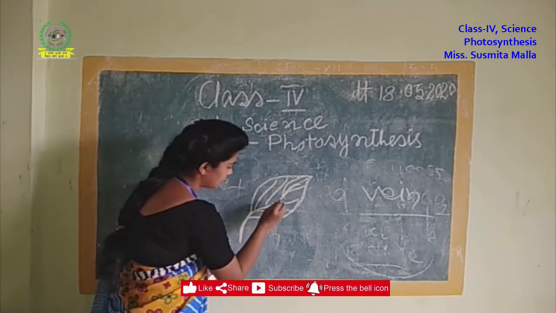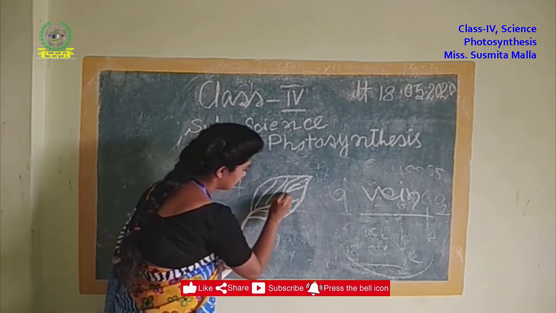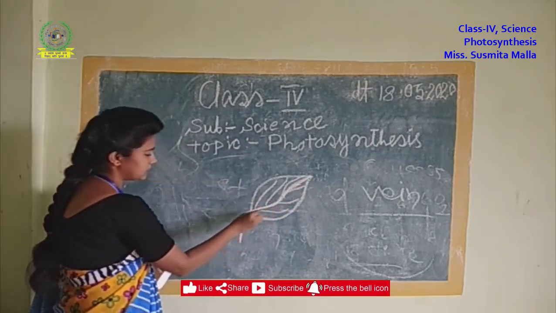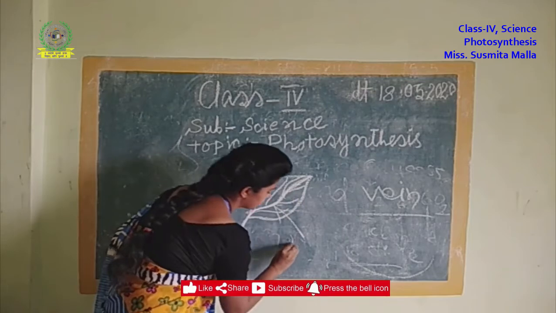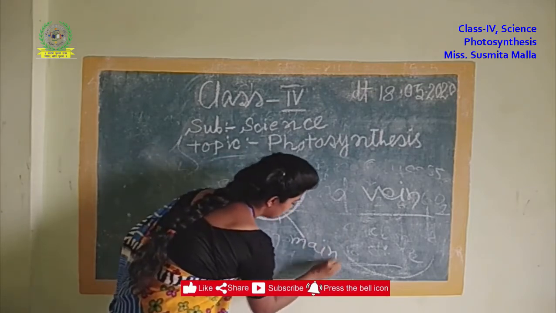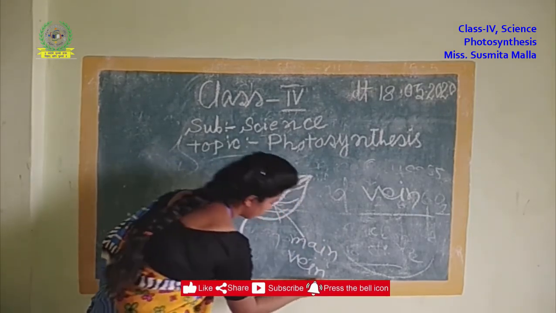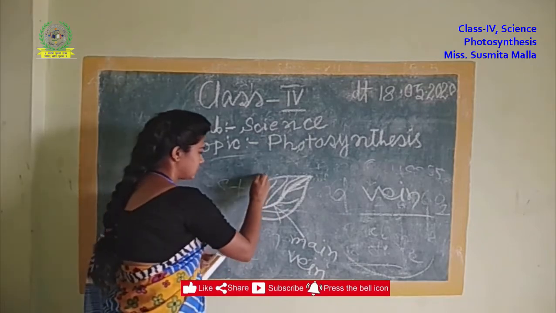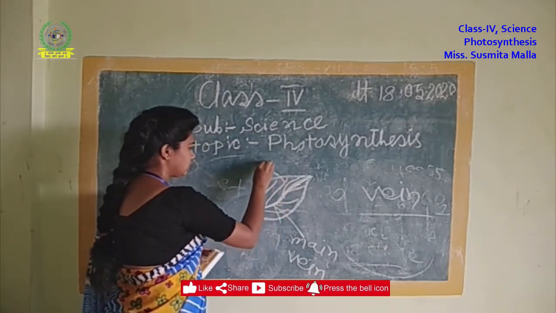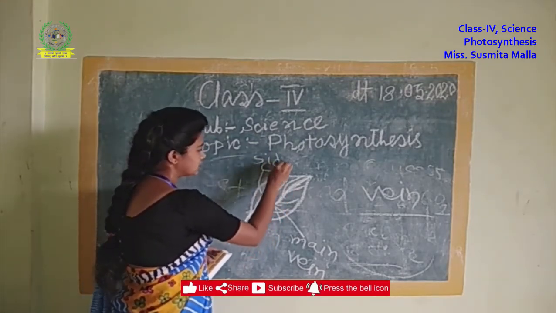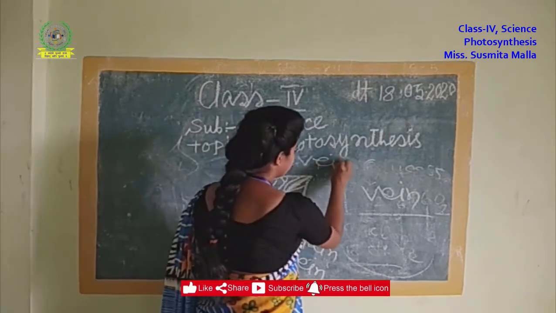As you see, this central part of the leaf is called the main vein. And this is called a side vein.